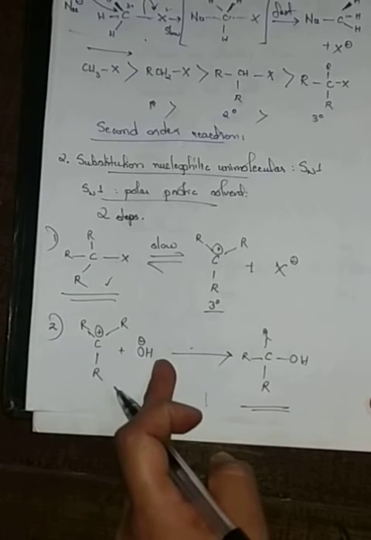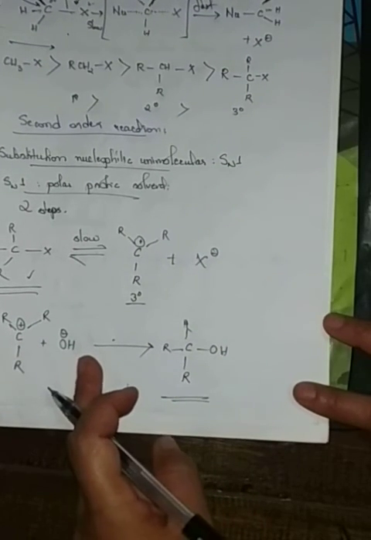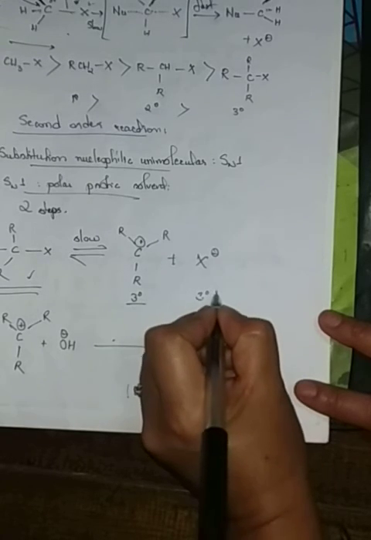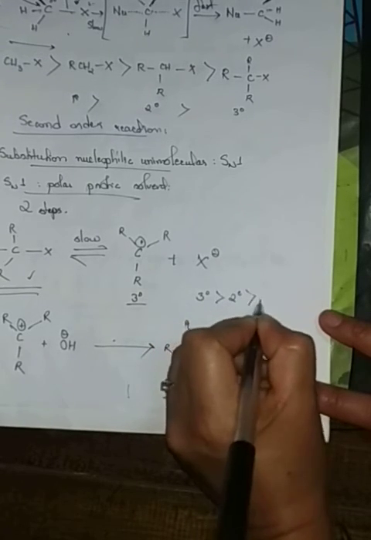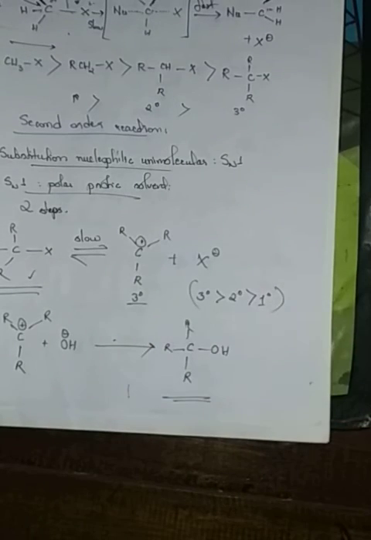Now in SN1 mechanism, the order of reactivity will be such that a tertiary haloalkane will be more reactive, then secondary, then primary. This is just the opposite of our SN2 bimolecular nucleophilic substitution reaction.